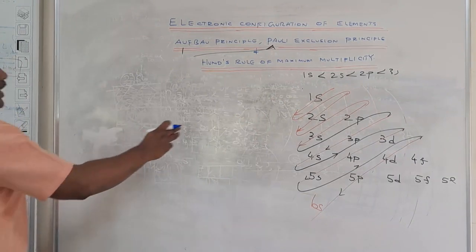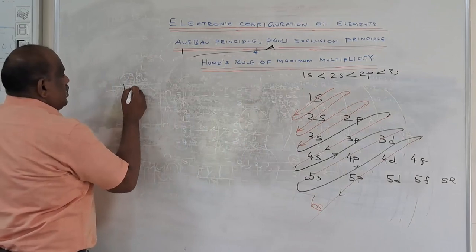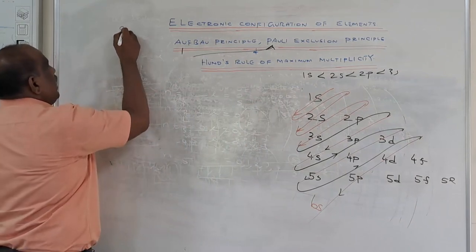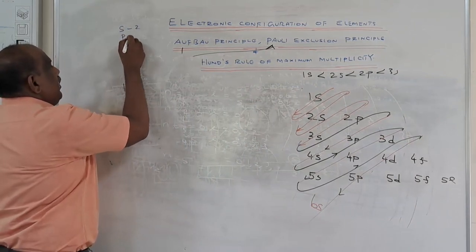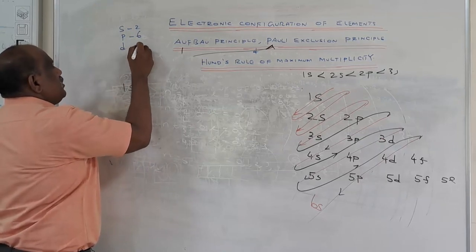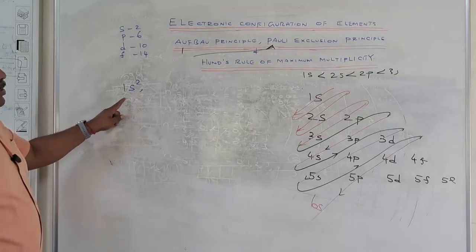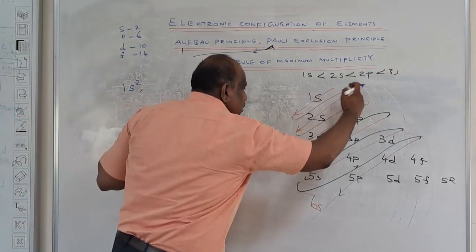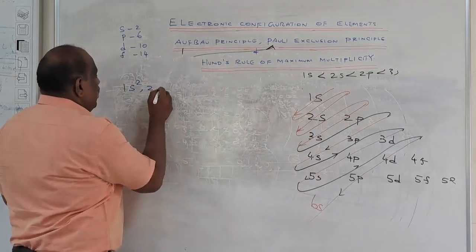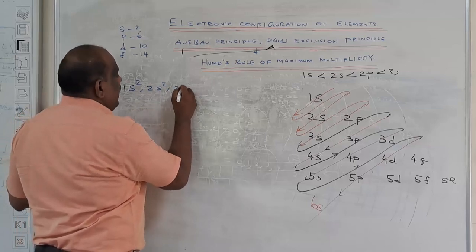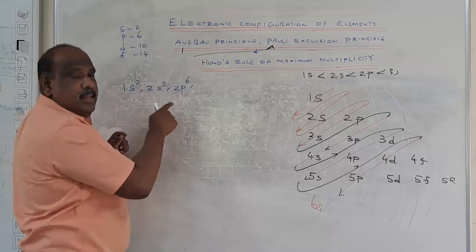Now we can write. How to write? 1s2, why? Because we know s will have a maximum of 2, p will have a maximum of 6 electrons, d will have a maximum of 10 electrons, f will have a maximum of 14 electrons. So 1s2, then after 1s2 we have to come like this: 2s2, then 2p6 because p can have 6.